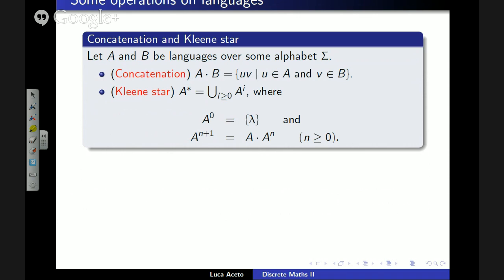One of the things that we can do is to form the concatenation of 2 languages, which is denoted by this dot here. If somebody gives you 2 languages, capital A and capital B, you can use them to form a 3rd language, which is A concatenated with B. Now, what are the strings in this language?